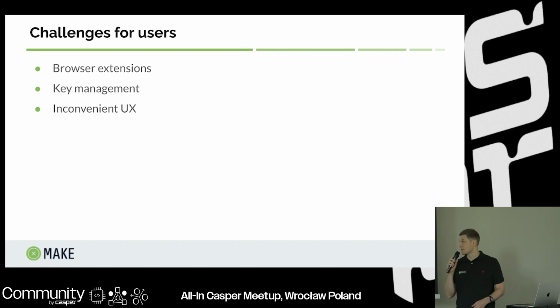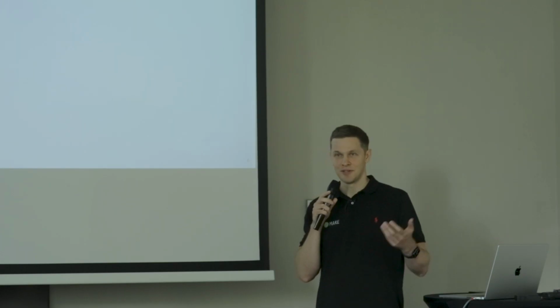So why Casper.click? When onboarding to blockchain, users face multiple problems. First of all, they need to understand the concept of a web wallet, and they need to install those web extensions, and different applications use different wallets. On Casper, we have how many? Like 5 available wallets. And imagine being a user on Casper.